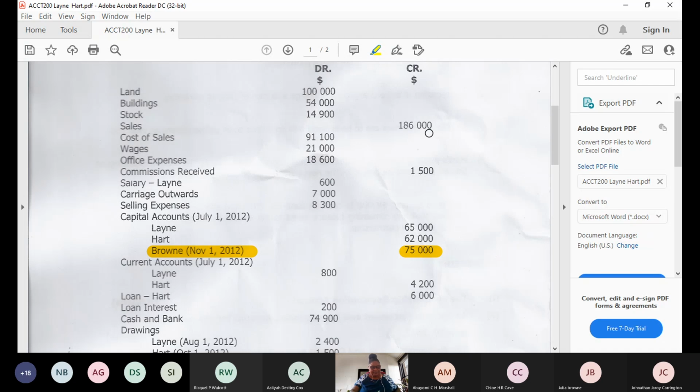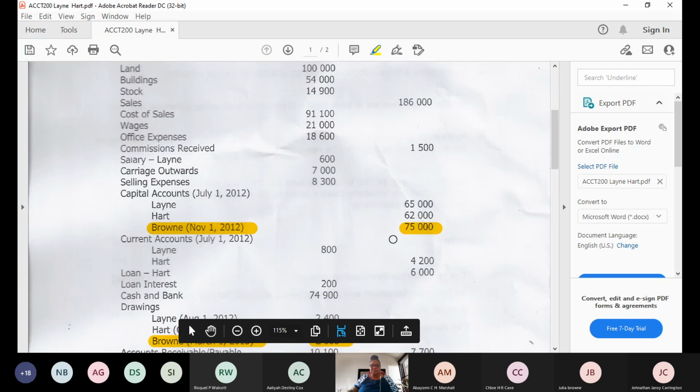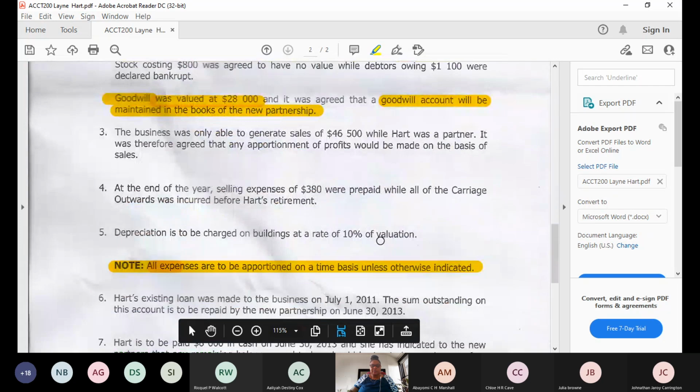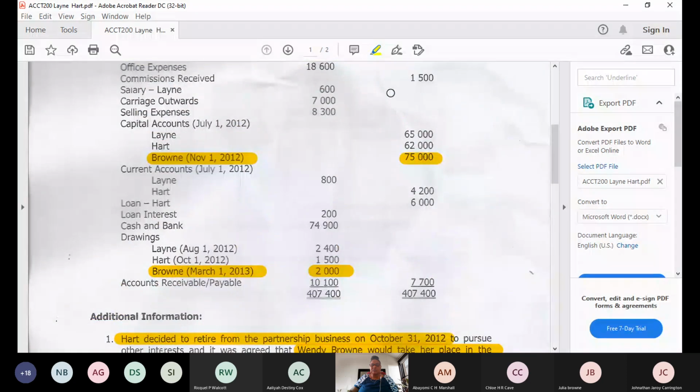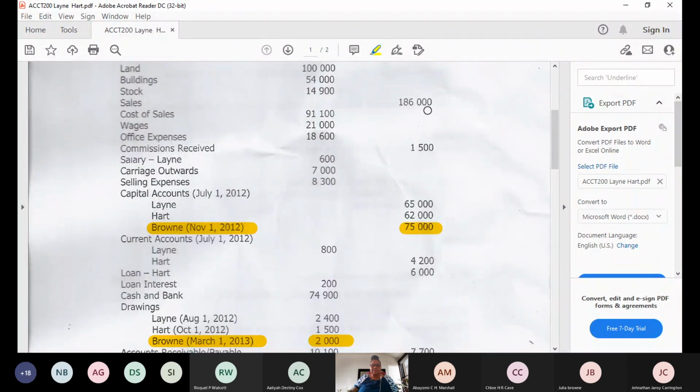Jonathan? Yes, please. Okay. So Jonathan wanted to know about this part here, when he said the business was only able to generate $46,500 while Hart was a partner. So that means that when you take 186,000 and subtract $91,100 from it, you're going to get a gross profit.